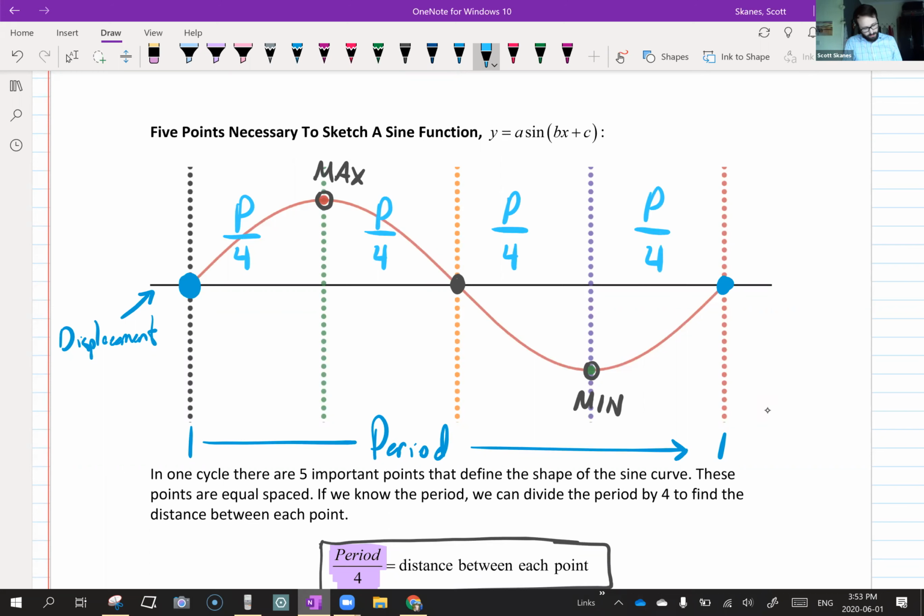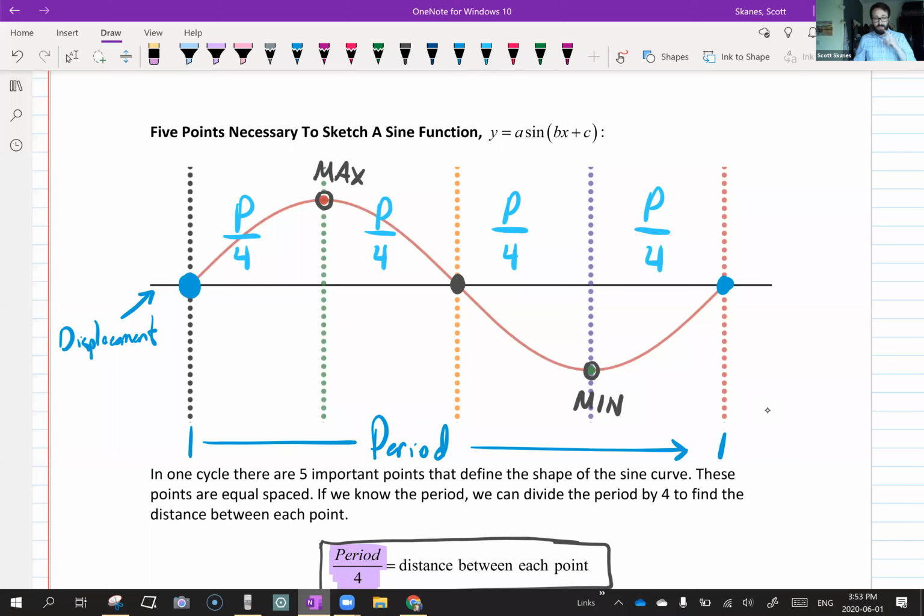In other words, if we have our displacement or our original starting value, that gives us our x value. We add period over 4 to get to the next point, add another period over 4 to get to the next point, and so on.